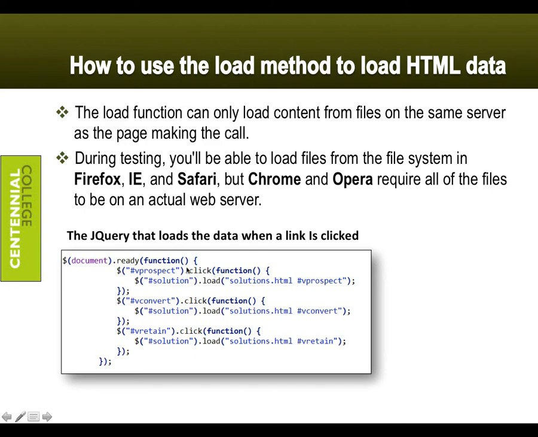So when I click on vProspect or vConvert or vRetain, these three different buttons, it'll load in different pieces of data while I'm clicking, right? So I'm having three little event handlers here. My click event, which we covered last week, right? And I can use this .load method to load in different pieces of HTML inside of there. This is really useful, right?